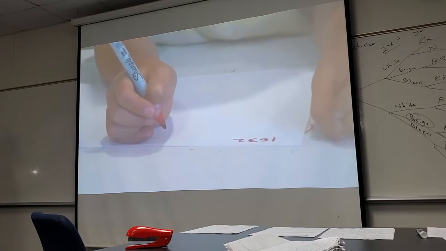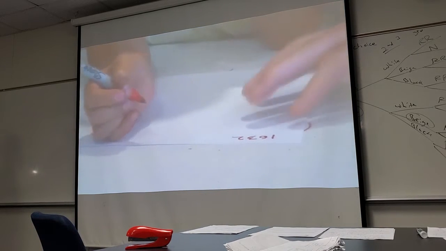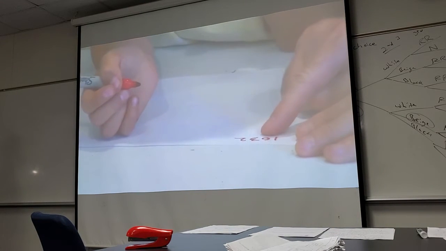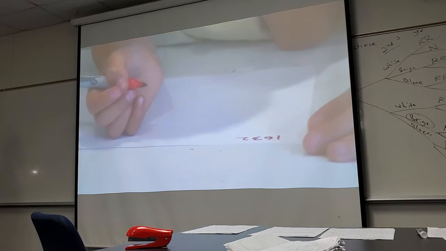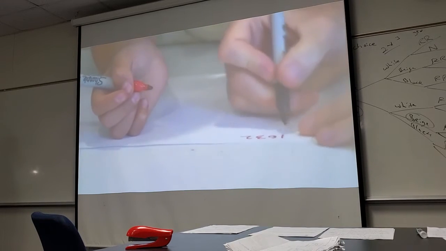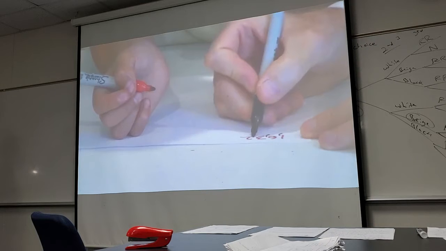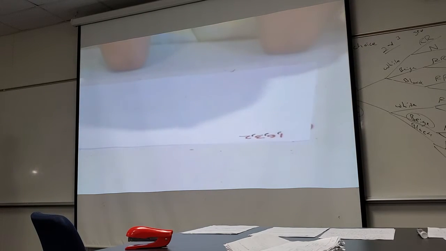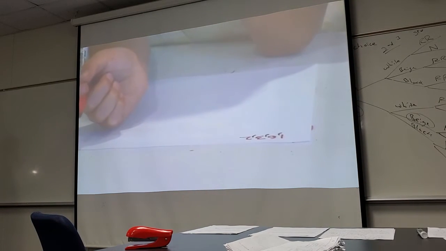Okay, so those are 4 different numbers: 1, 6, 3, and 2, is that right? Okay, I'm gonna put some commas in between so we can see that they're separate numbers. Now I would like you to list all of the factors of 24.